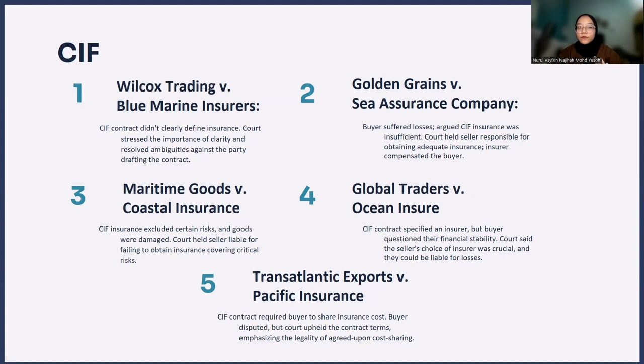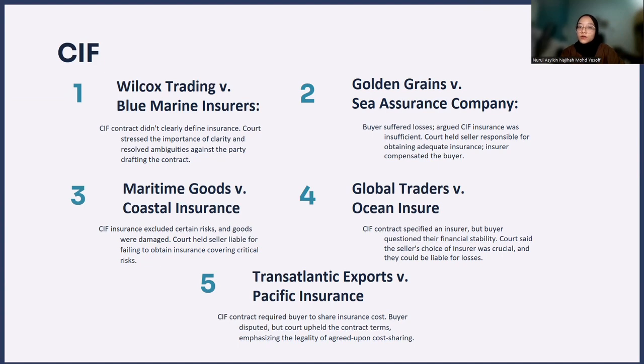The second one is CIF contract, where the first case is Wilcox Australian versus Blue Marine Insurers, where the CIF contract didn't clearly define the insurance. The court stressed the importance of clarity and resolved ambiguities against the party drafting the contract.